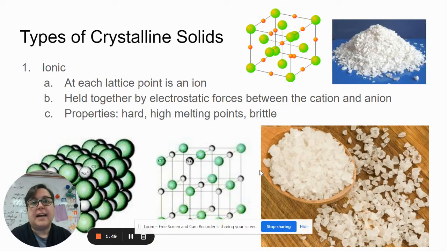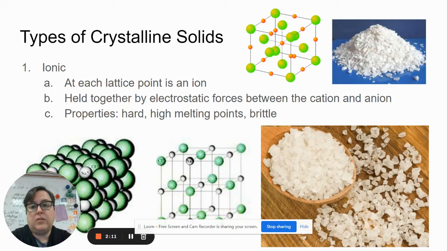So the first one is ionic solids. At each of the lattice points, there's an ion. The lattice is the pattern that's happening here. So this is sodium chloride, or table salt. We have Na plus and Cl minus, creating those ions. And there's a repeating pattern to it, right?